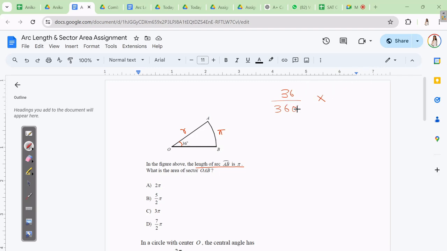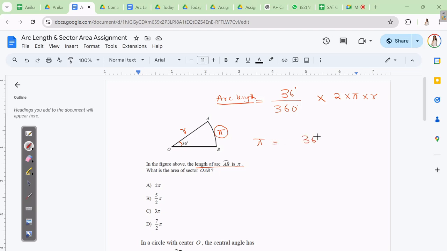So you said that it is given by central angle divided by 360 times 2 pi r. So 2 pi r, we don't know what is radius, right? Now this is your arc length, right? And they have given us the arc length, which is pi units. So in place of arc length, I can just write pi.